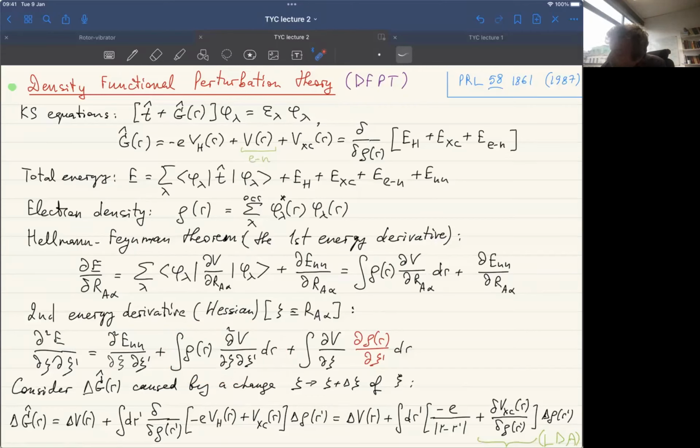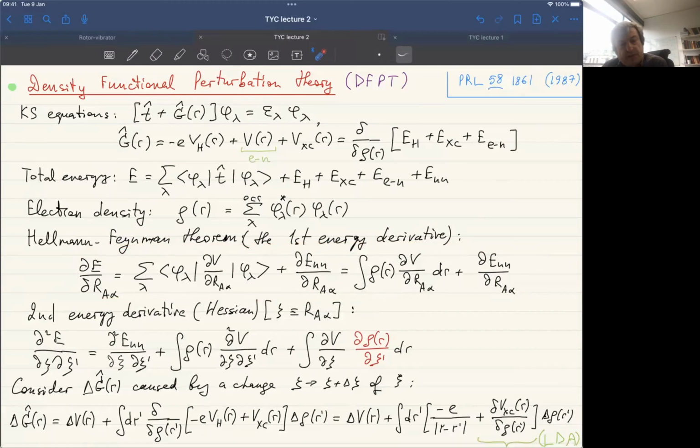But electronic density also depends on atomic positions, as you would expect. You move atoms, electronic density changes. Therefore, we have to differentiate the density as well. And that's the main problem. That kind of contribution, when you calculated the first derivative, also existed, but it exactly cancels out.